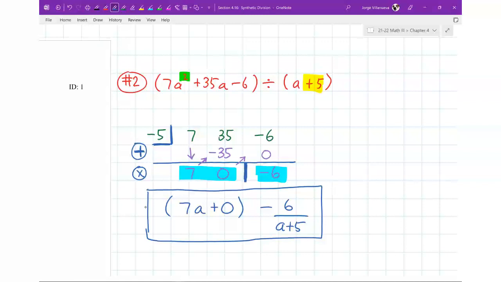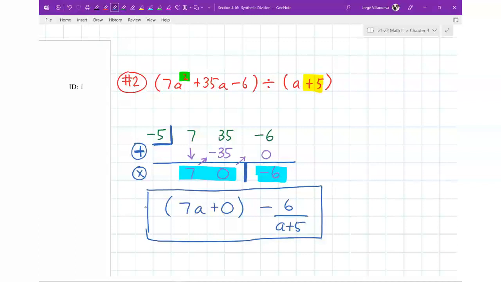And then I got the plus 5 right here, and I said, okay, the opposite of positive 5 is negative 5. That goes on the half box. Your first step is to drop the first coefficient immediately. It goes all the way down to the bottom. Multiply negative 5 times 7 is negative 35. Now add, right?